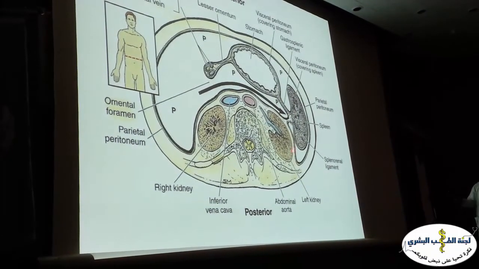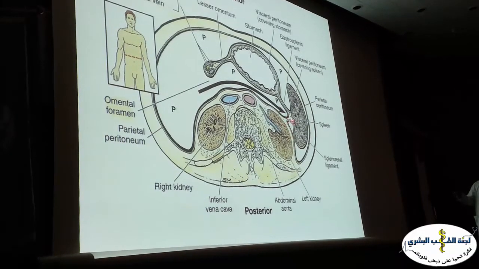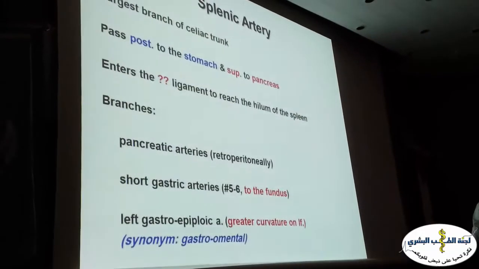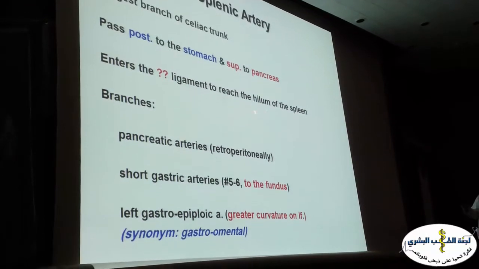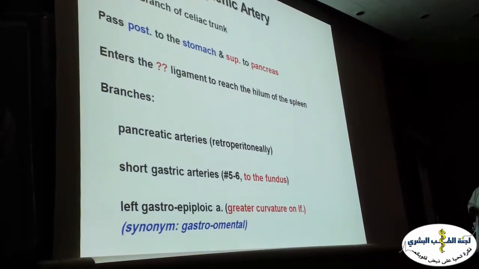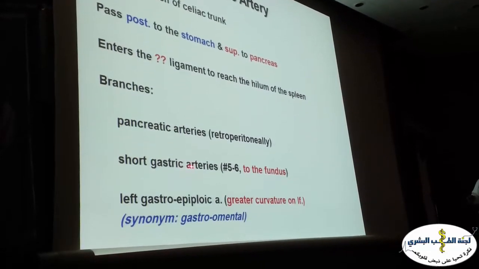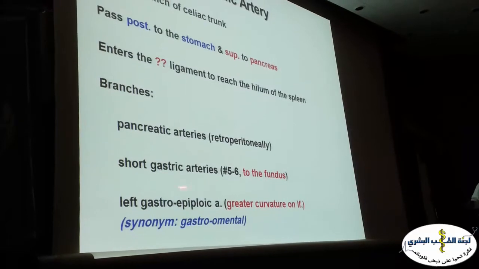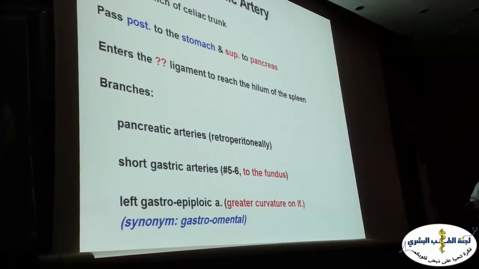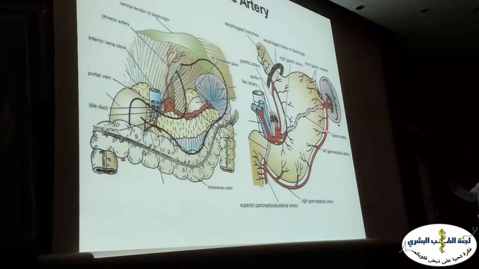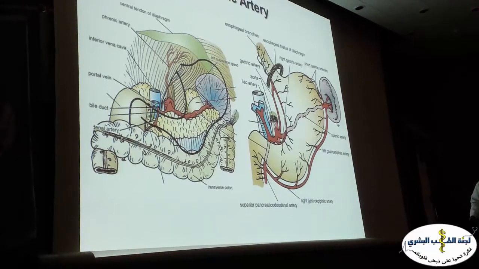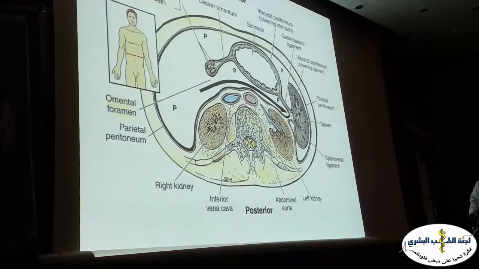So it passes through the splenorenal ligament to reach the hilum of the spleen. The branches it will give, as I told you, are pancreatic arteries to the pancreas. It will give short gastric arteries where? To the fundus, and the left gastroepiploic, which we saw here, to the greater curvature of the stomach.